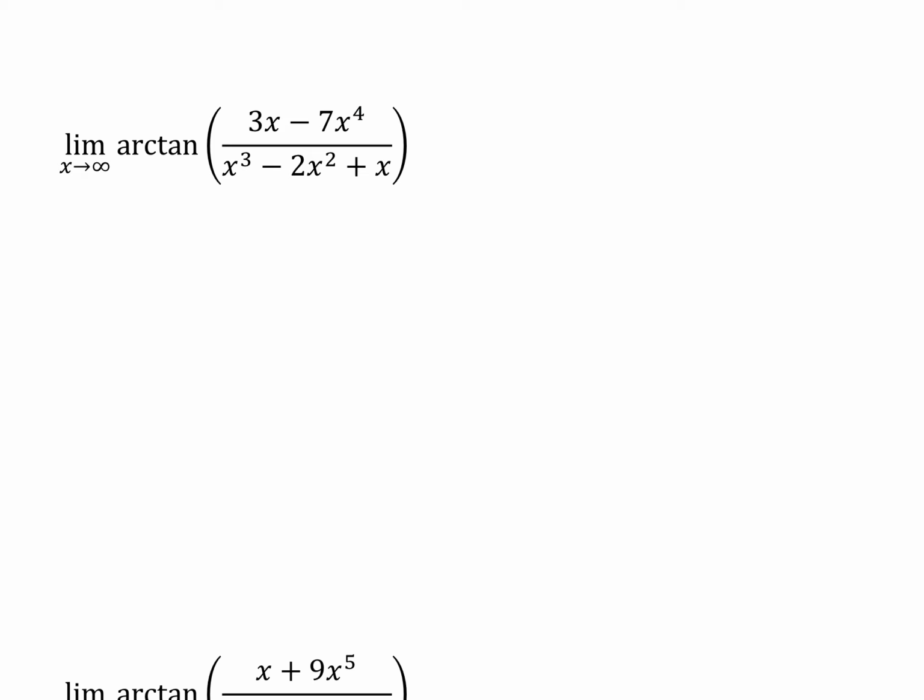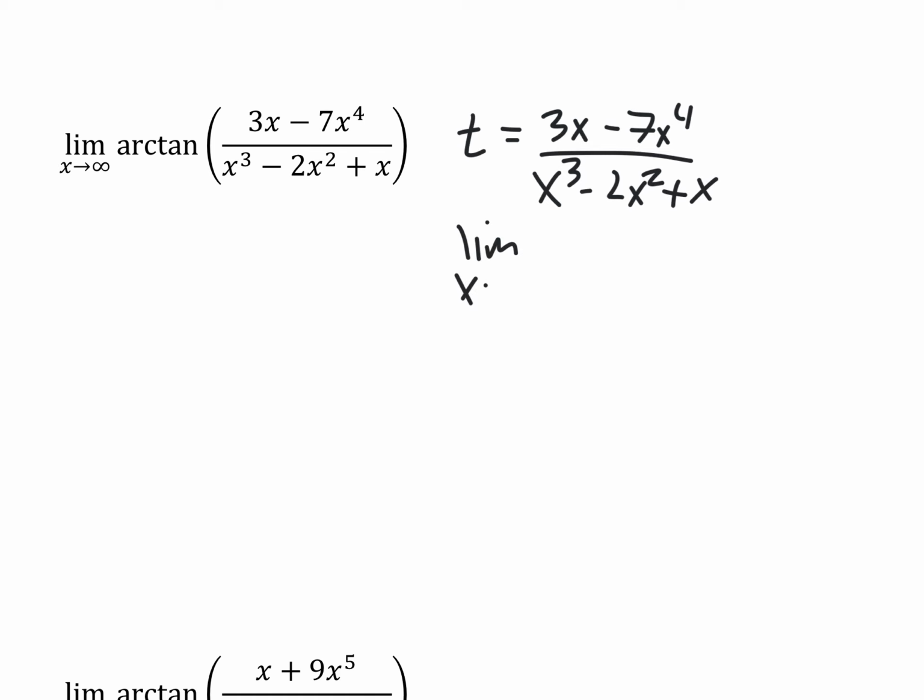So let's look at one again that has a little more going on with it. Here we have t equal to 3x minus 7x to the 4 over x cubed minus 2x squared plus x.